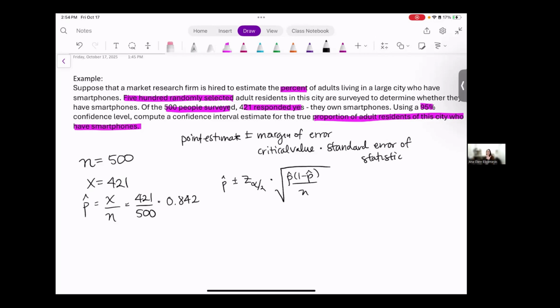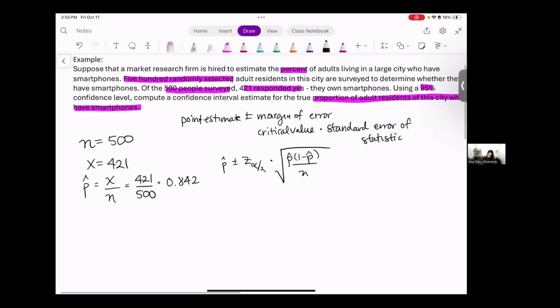So sample successes times sample failures over the sample size. And let's fill in what we have. Well, we know that p hat is 0.842, and I also know that p hat is, again, 0.842. 1 minus 0.842, or 842 thousandths, if you want to say it correctly, over 500 is the sample size.